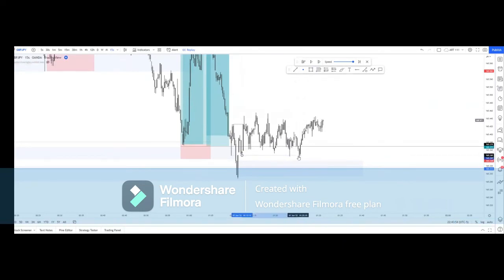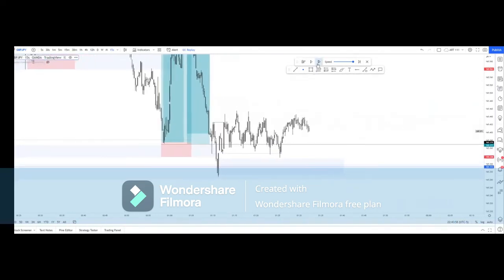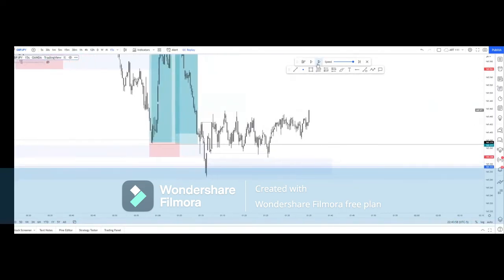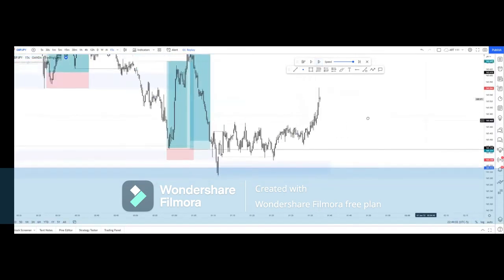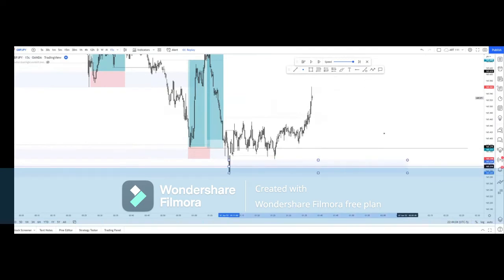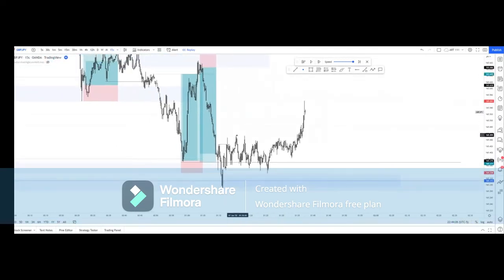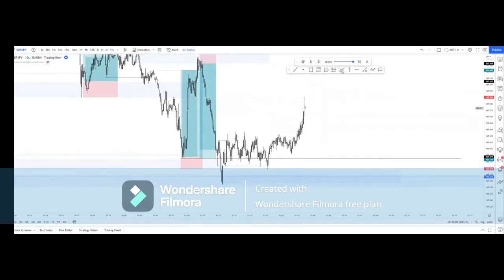I'm not gonna change my idea. Yeah, I'm still not gonna change my idea, to be honest, because it's unmitigated. It missed it by a pip. So price broke structure, pullback, retrace once again.